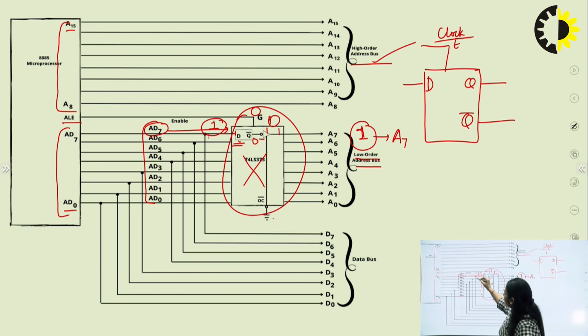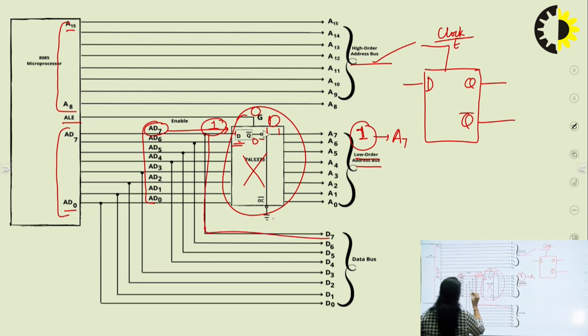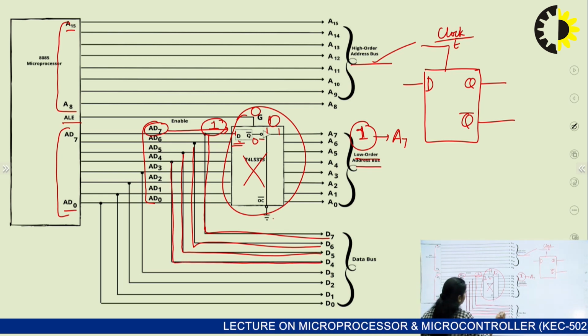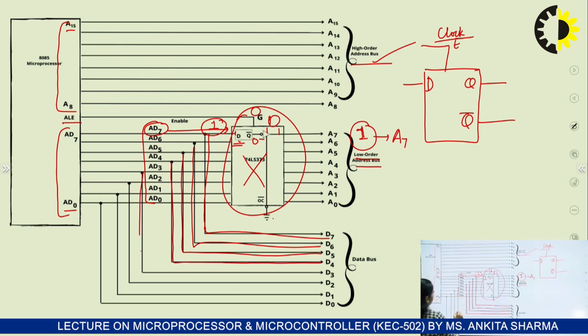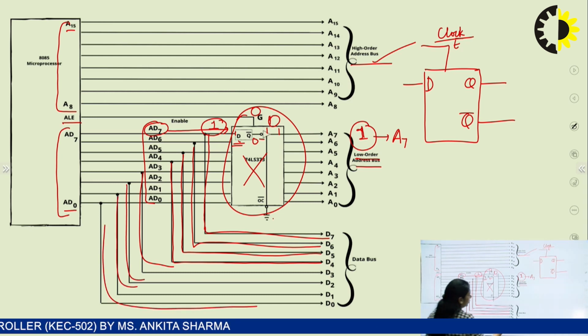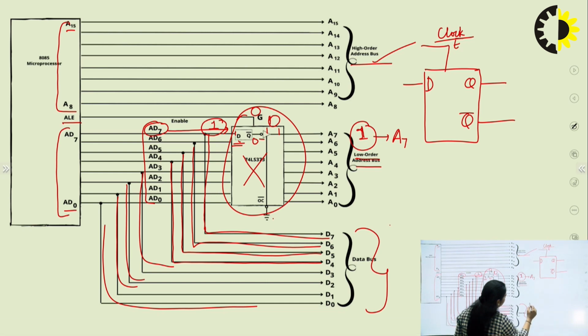So from here D7 will go, D6 from here, D5, D4, likewise D3, D2, D1 and D0. So this will be our data bus, from D7 to D0.